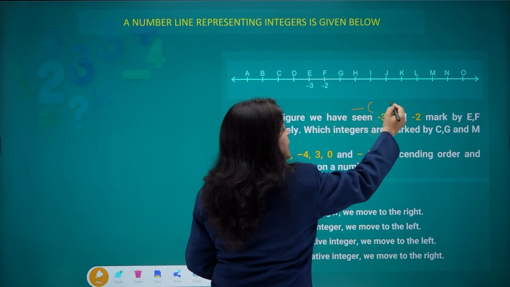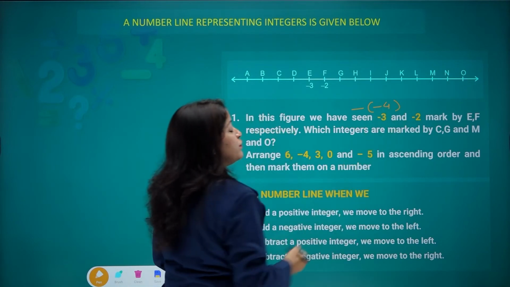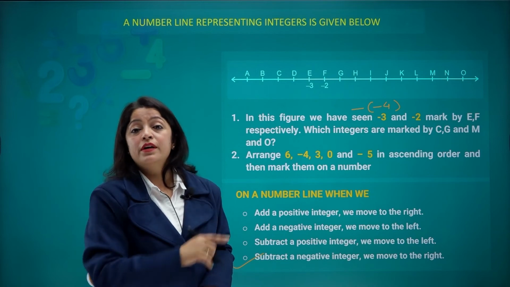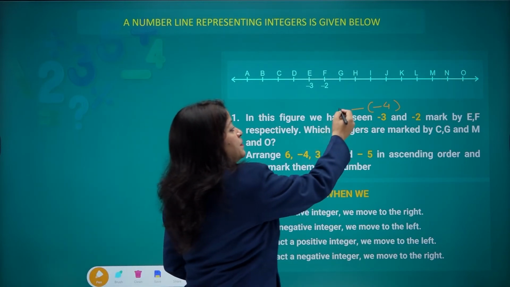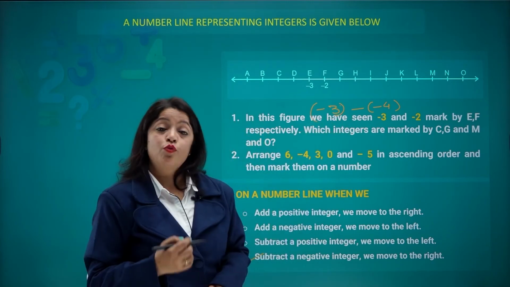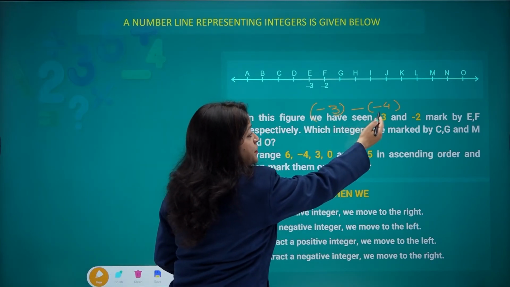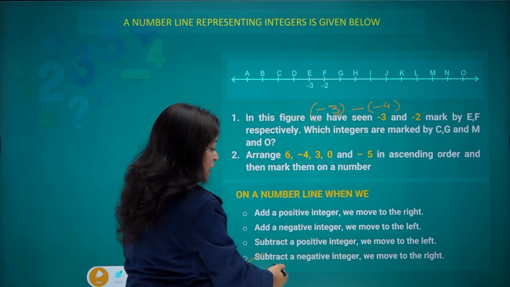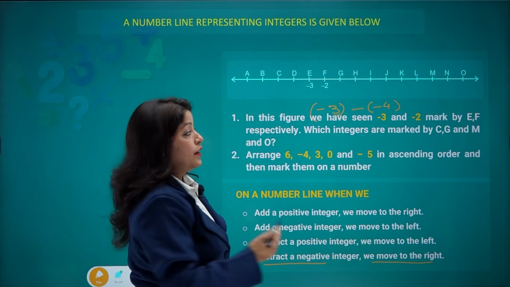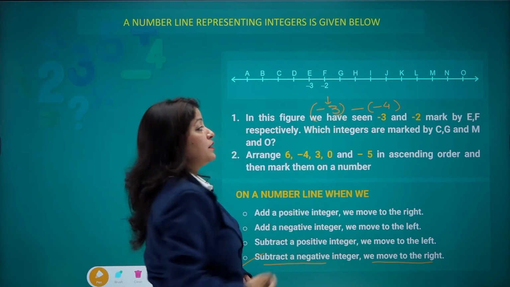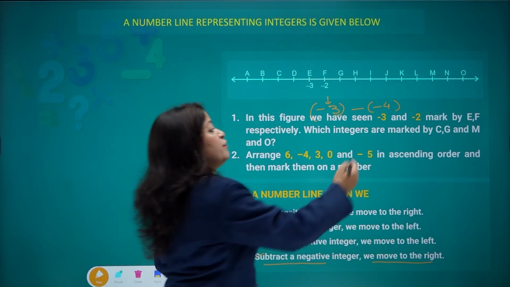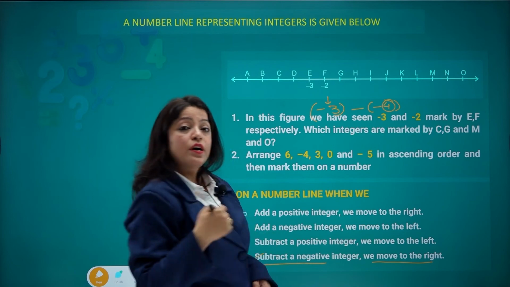Subtracting a negative integer: let me take the negative integer as -4. So we are subtracting -4 from another integer. Let me subtract it from the number -3. Whenever we are subtracting a negative integer, we have to move to the right, that is, right of the number from which you are subtracting, the right of -3. 4 steps we have to move to the right-hand side.